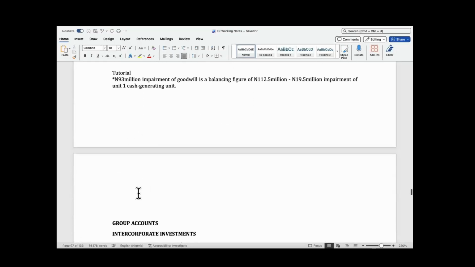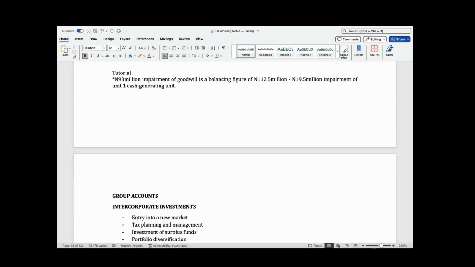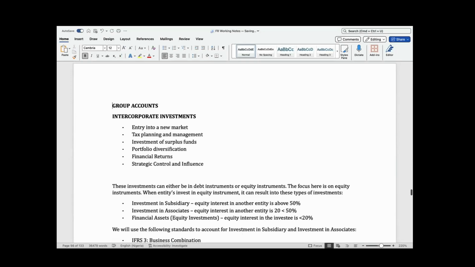For the guys in skills, look at all your notes that I've been collating, just working notes. By the time I'm done with group next week, this note has built up to 133 pages already. And how many weeks of class have we done? It's like the 7th week.